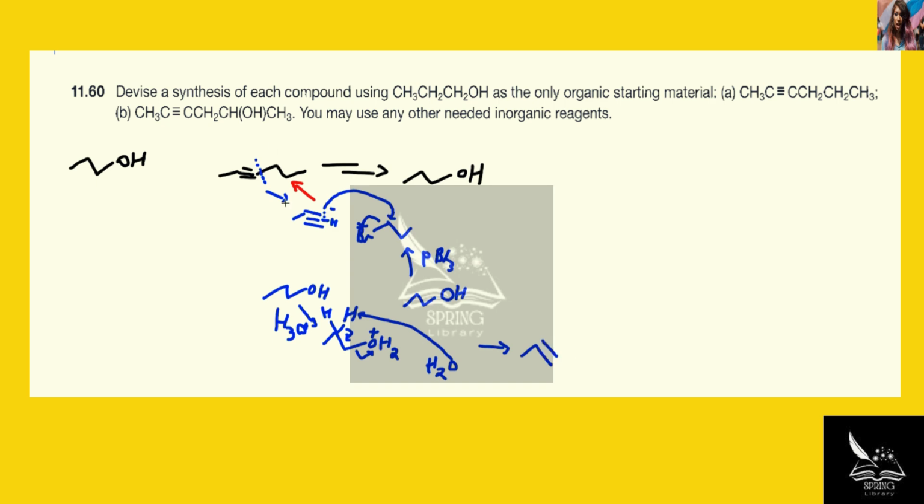Now from an alkene, we need to go to an alkyne. We've done this before in previous examples. If we add a diatomic halide, we will get addition of the halide on either side. Then if I add some sort of base, 2 equivalents of base, so NH2-, for example, just like in previous examples, this is everything we've done already, which is why I'm moving pretty fast.